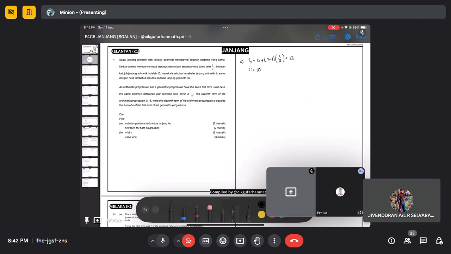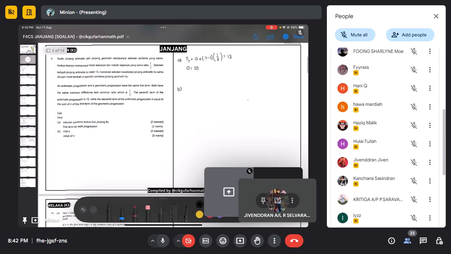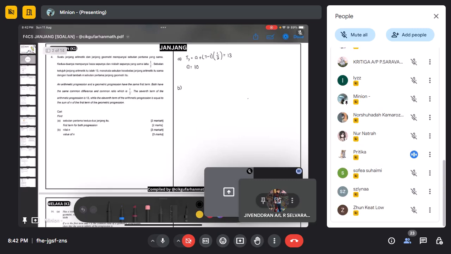Continuing with B, I hope you guys understand for A. So the value of n, I'll show the working first.